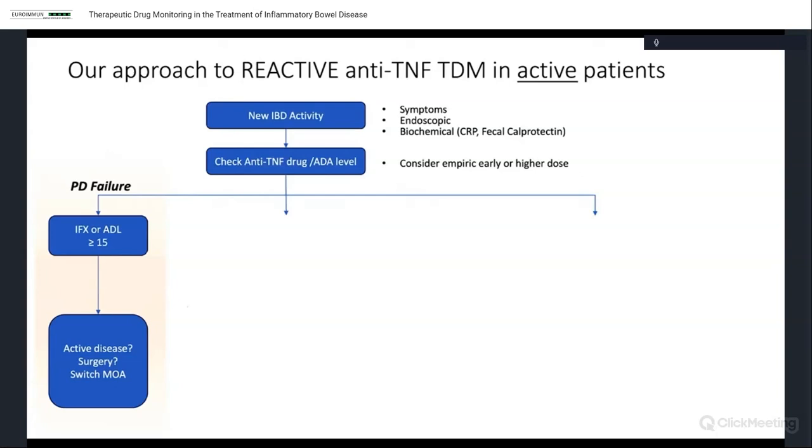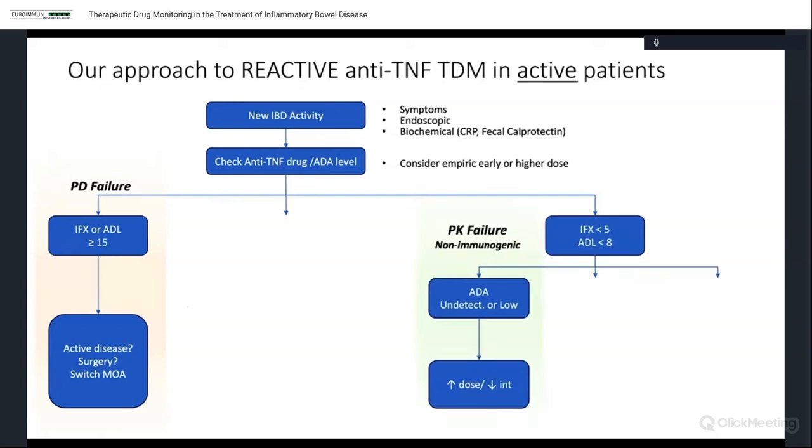Of course, we want to confirm again that there's indeed active inflammation causing symptoms. It's also an opportunity to assess whether surgery is indicated, whether medical therapy is likely to improve this patient. But assuming there's not an indication for surgery and there is active disease, at this point, one would switch to a drug with a different mechanism of action, because the anti-TNF exposure is adequate and the mechanism is not working for this patient.